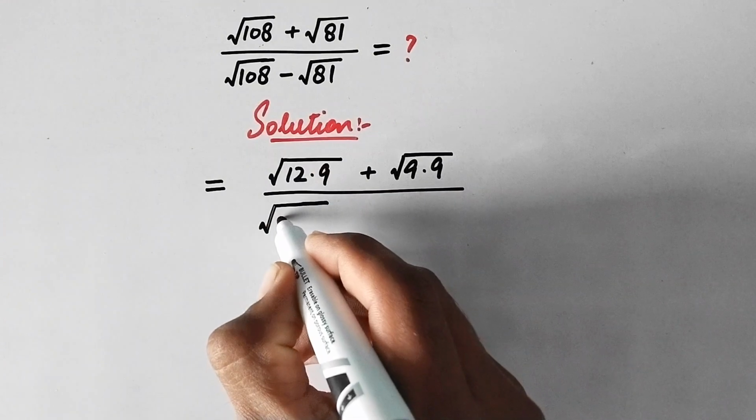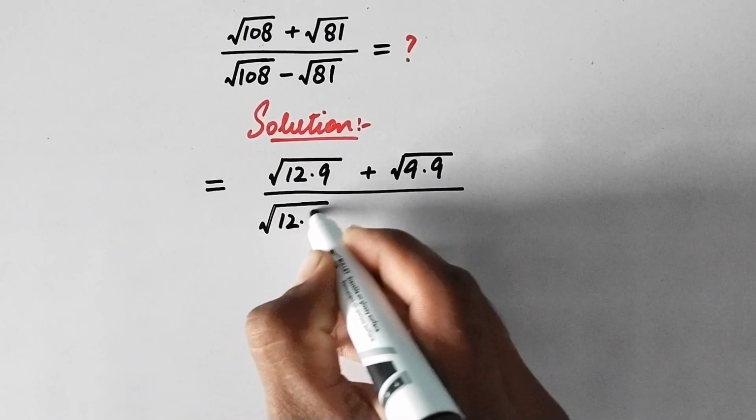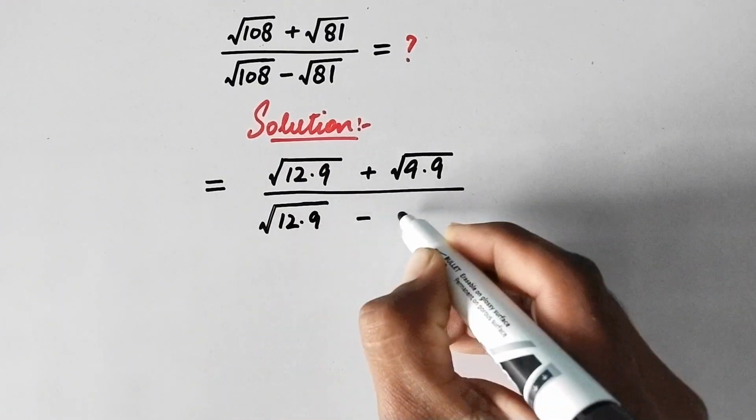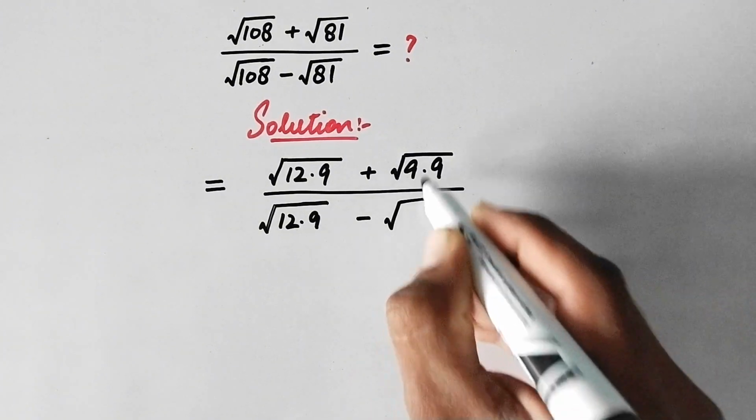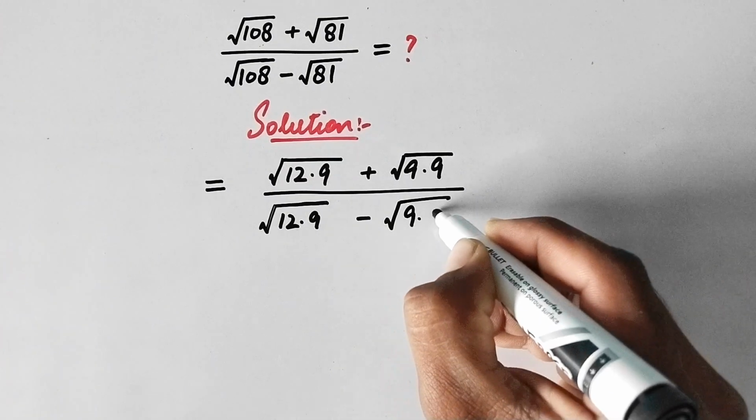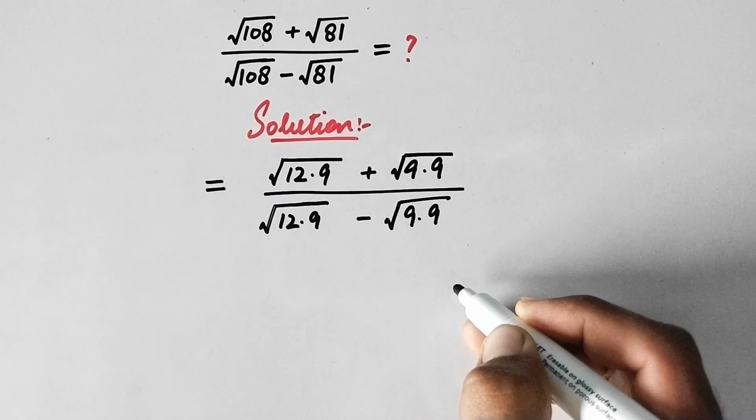In the same way, here it is 12 times 9 minus square root of 81, which is the same as 9 times 9.